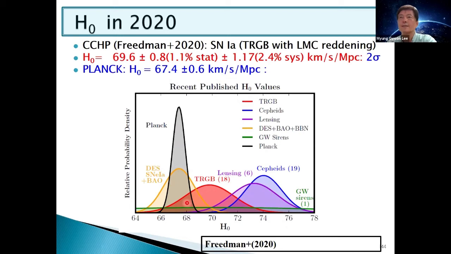So it's between SH0ES and Planck. TRGB-calibrated supernova 1A value is consistent with both Planck and SH0ES. But the Planck and SH0ES-calibrated supernova 1A are different at 4 to 6 sigma.